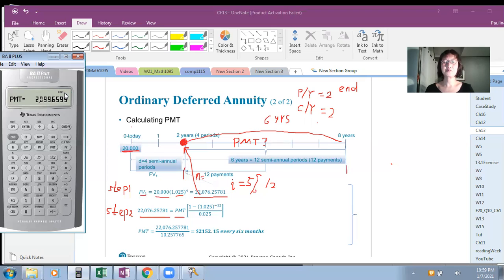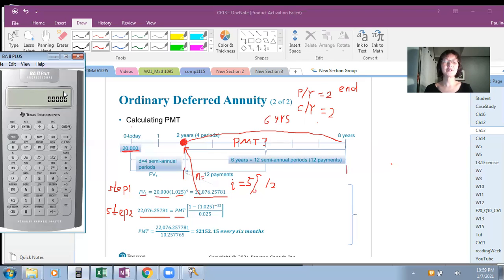So I'm going to do it all over again. Okay, so second quit. First step should be end mode. Right now it is BGN, begin mode. So you do second begin, second set, second quit.